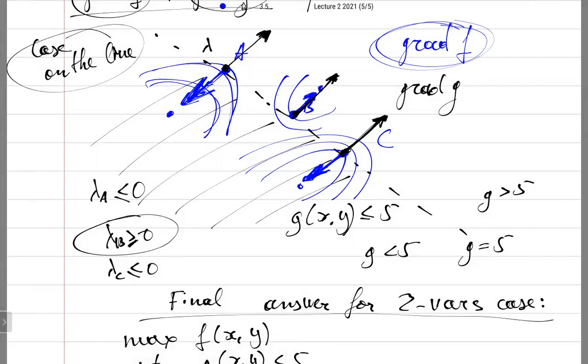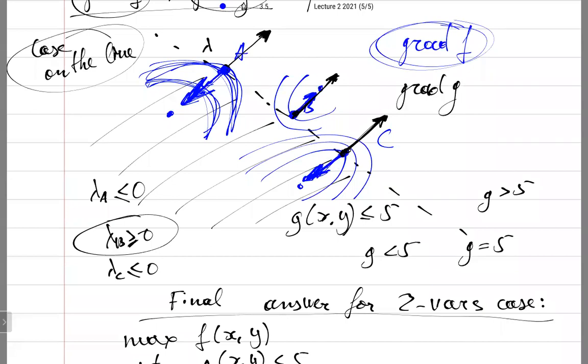These curly lines are level curves of f. So my blue gradient should be orthogonal to the blue line, and it should point in the direction in which the function f grows. So I draw blue gradients.